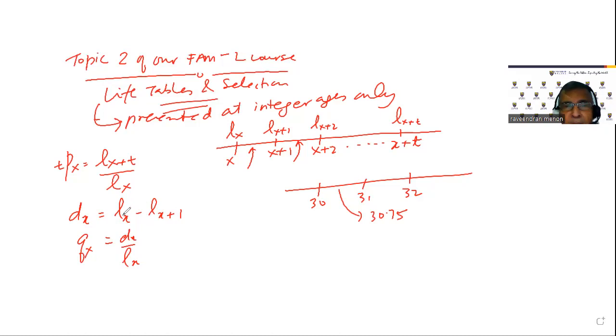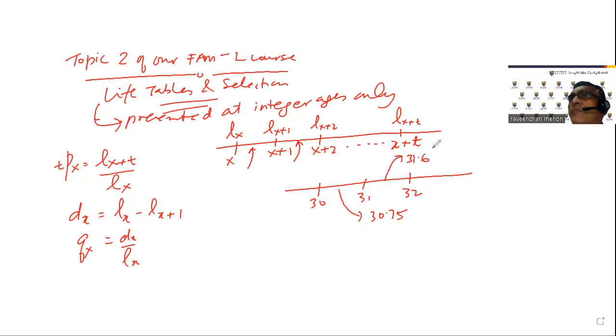Like I said, we want to be able to work with ages between integer values, like age 30.75 or age 31.6.